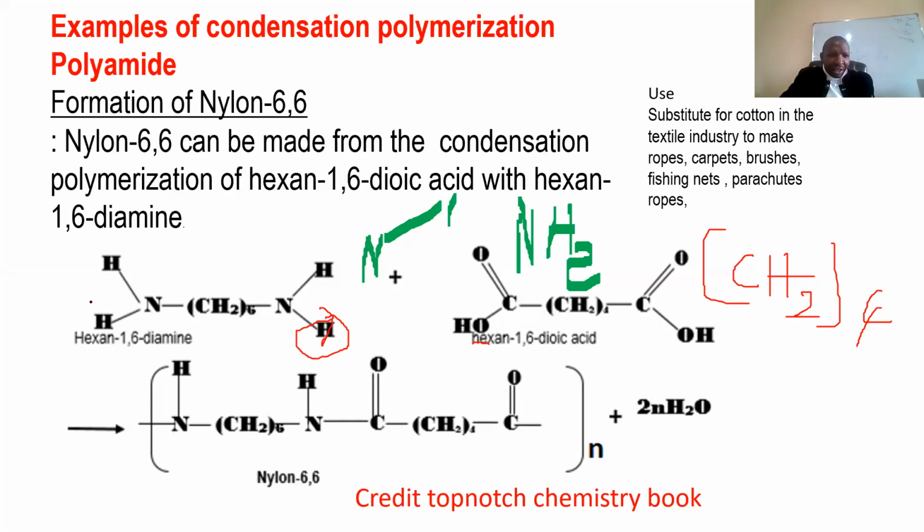The amine will donate the hydrogen, while the carboxyl group will donate the OH. So when these combine, the hydrogen plus the OH will form water. Because there are two of them, this OH will combine with this hydrogen to form a water molecule, and the other hydrogen will combine with the other hydroxyl group to form a water molecule.